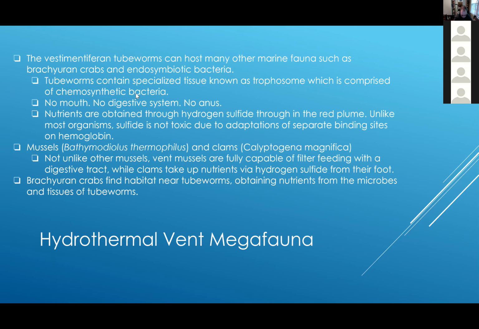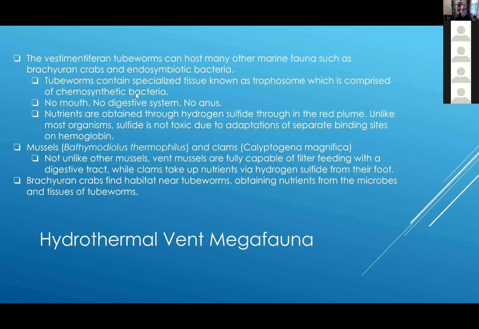A lot of other organisms use this, because in these deep high temperature climates, there's tons of fauna that need to survive. However, some of them don't necessarily have the capabilities to adapt to the environment that they're in. So they work together with these different kinds of organisms that can convert the chemicals into a usable energy.